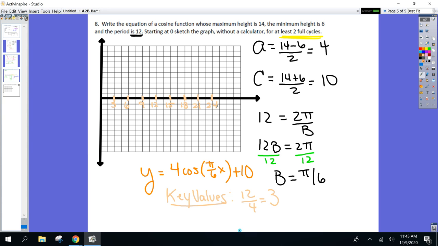What should be the y-axis, though? What should I be putting on my y-axis? Max and min, right? Everyone, I should be putting on the max and the min, which are 14 and 6, so that's got to be on there. Max, min, and what else? Midline, which is 10. The midline's got to go on there too. So I need 6, 10, and 14.